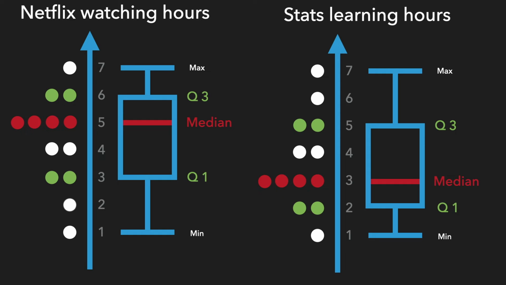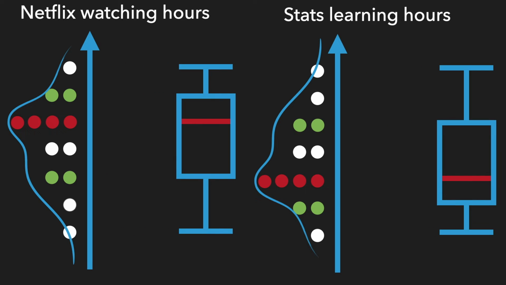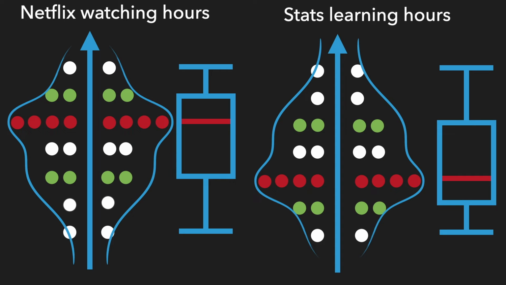As you can see, the data on the left is distributed a bit differently than the data on the right, which can be shown with a smooth line on top of the data. And in order to emphasize this difference even more, we could mirror the data and its distribution on the other side of the axis.